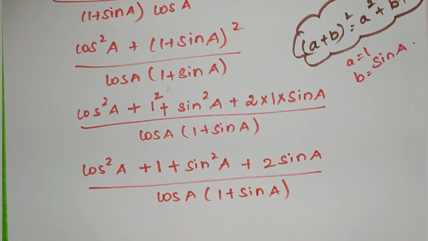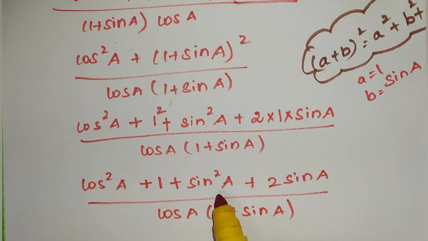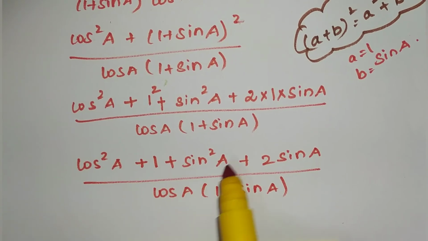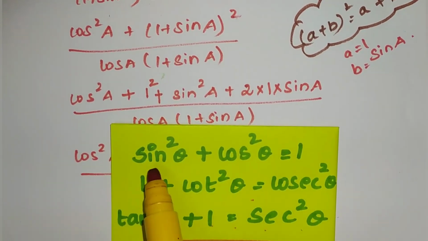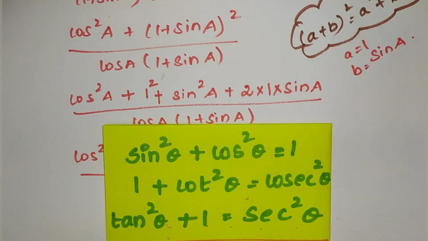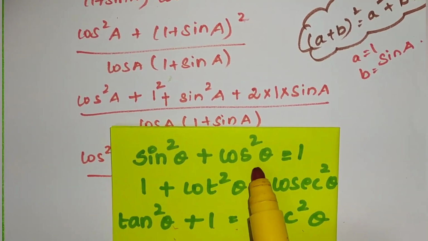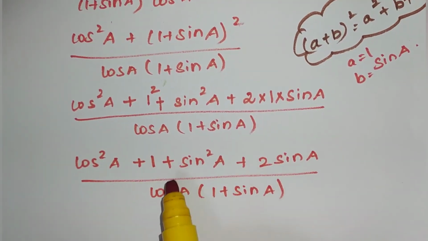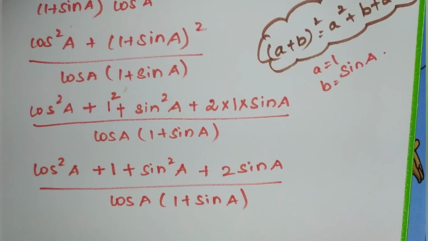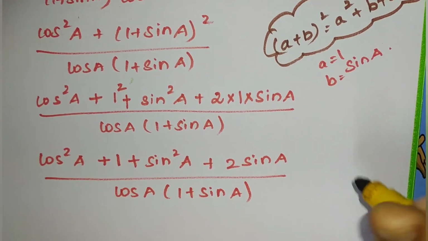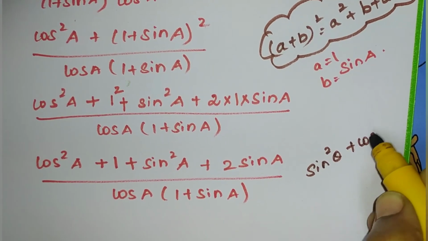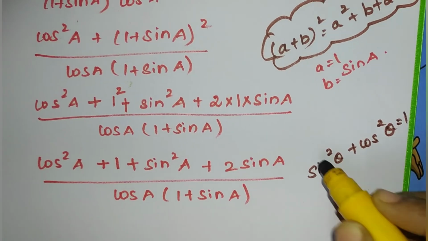Clear? So here we have square and here also we have square. We can combine these two: cos square A plus sin square A is equal to 1. So instead of sin square A plus cos square A, I can apply 1. Which formula are we going to use here? Sin square theta plus cos square theta is equal to 1.